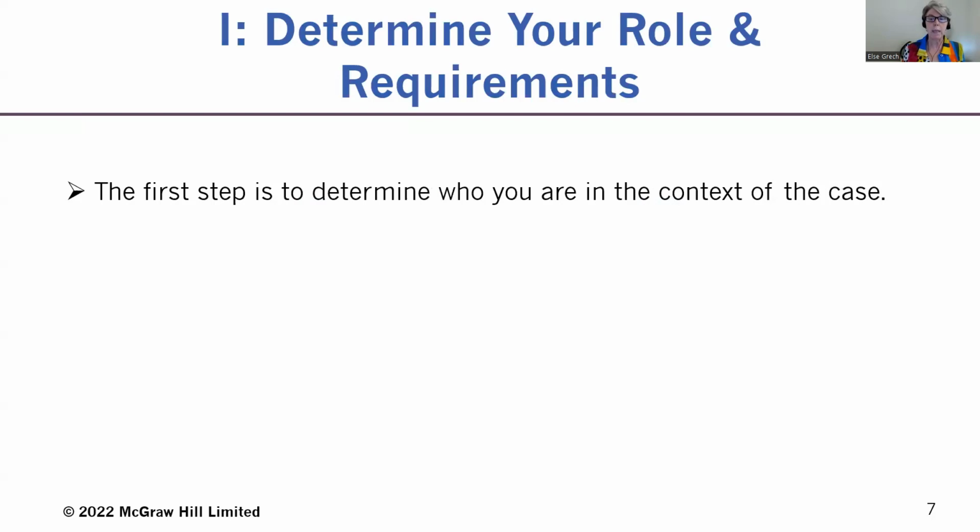So the word "we" should show up in your submission to the client. But if your role is external, then you shouldn't be writing "we." You should say, "Your company needs to," or "You should definitely need to." So your communication is only appropriate if you truly understand your role and whether it's internal or external.